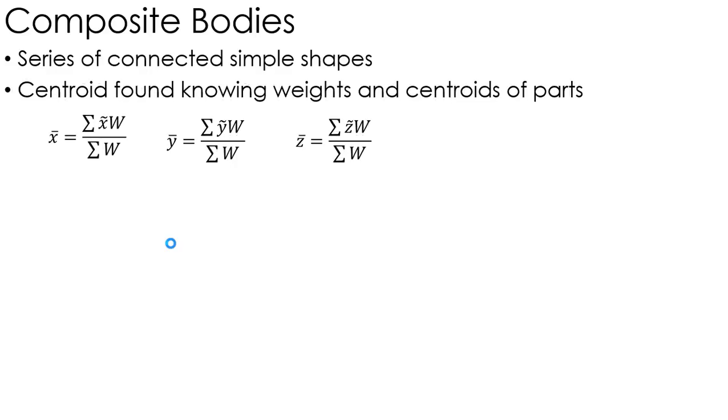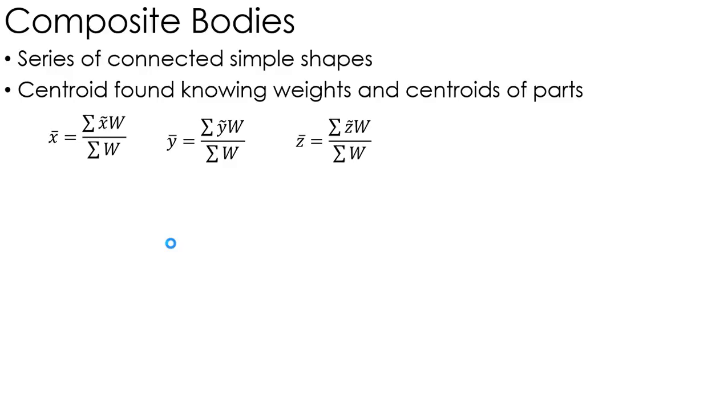There's actually an easier way to do this if I have shapes that I can represent as simple shapes. We call these composite bodies, which are a series of connected simple shapes, like a rod, a rectangle, or a sphere, where I can easily find the weight and the centroid of each part.